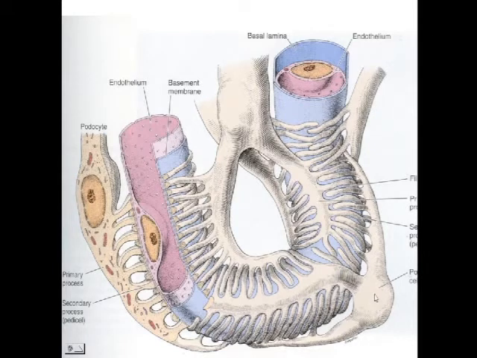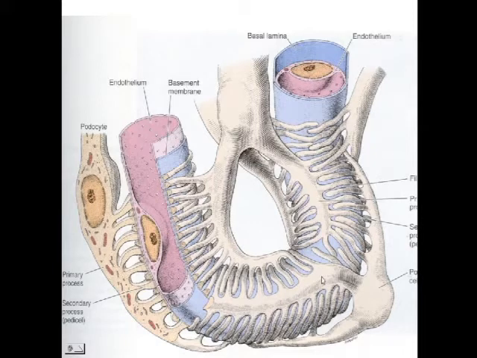You can see this is the cell body of the podocyte, and there are these cytoplasmic extensions just like the tentacles of an octopus, and these give rise to further processes which are known as the foot plates or foot processes known as the pedicels.